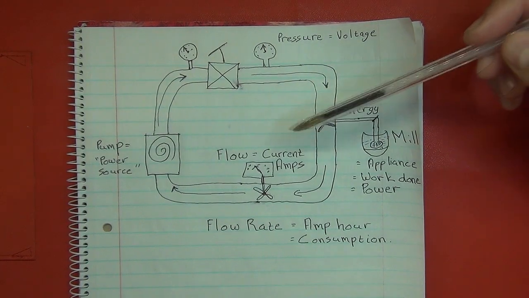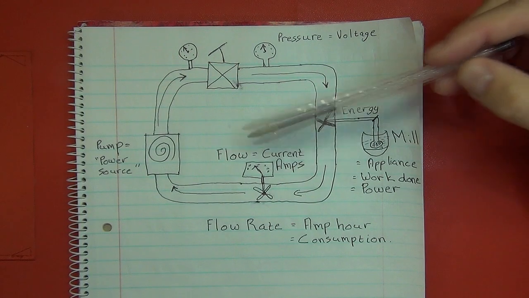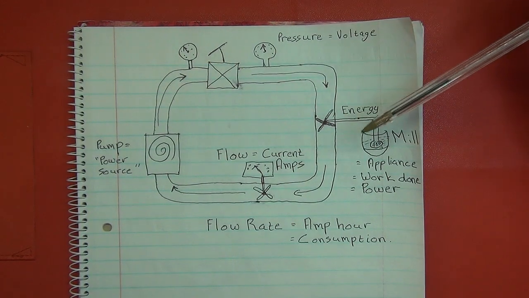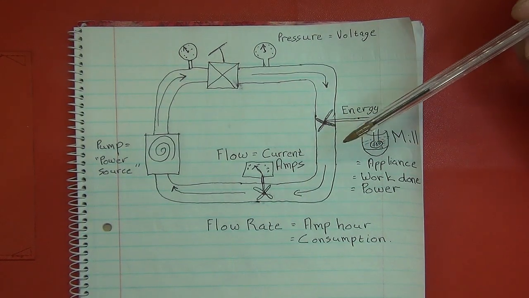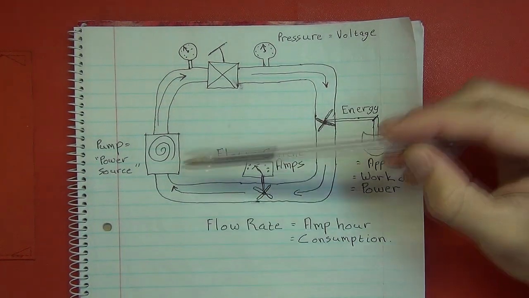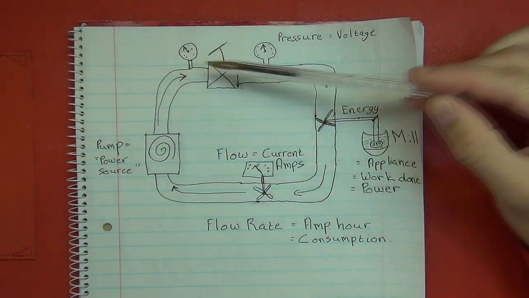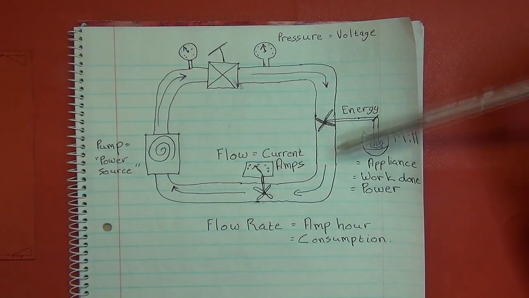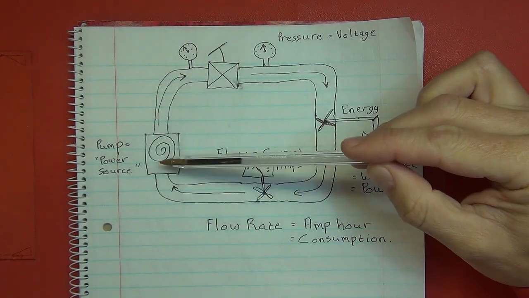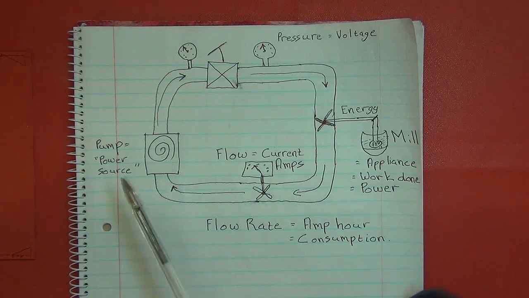Okay, so let me explain this diagram that I have here, and we'll start going through the individual components of it bit by bit to have an understanding of what it all means. So basically, this in essence is a big water pipe, this big round circle rectangle over here. This over here is a pump, a water pump.